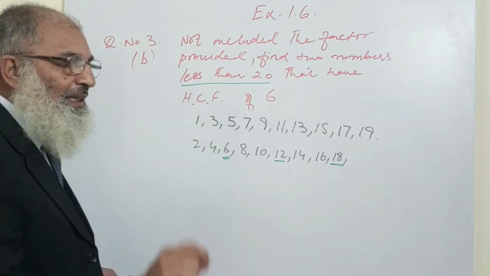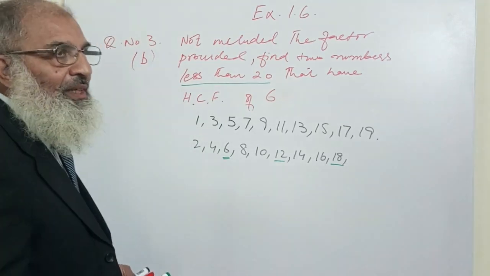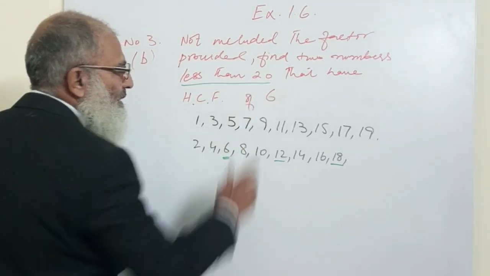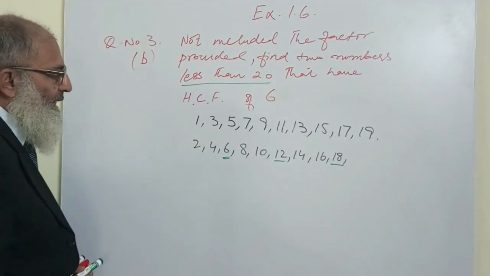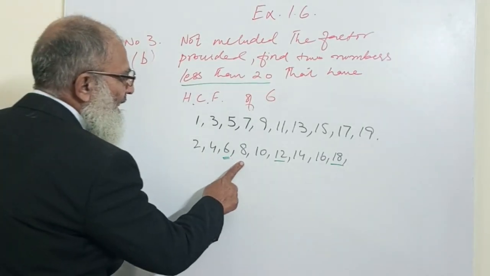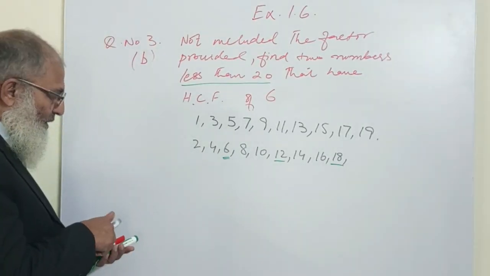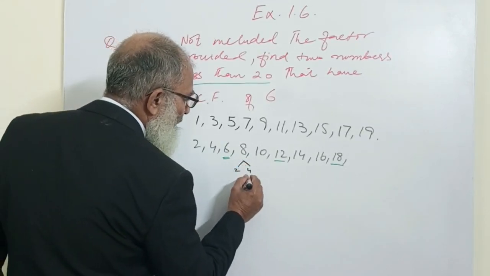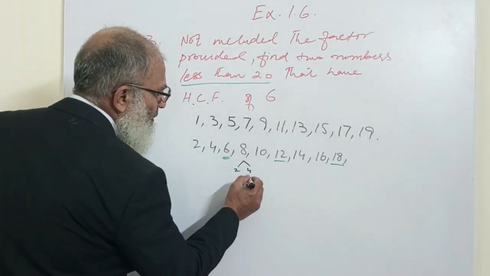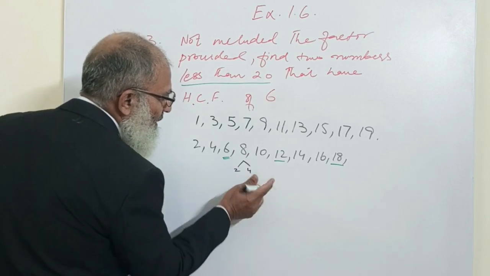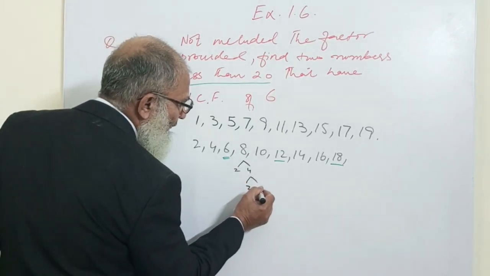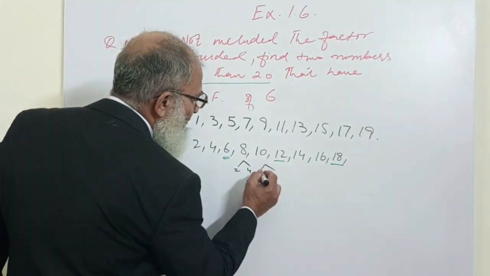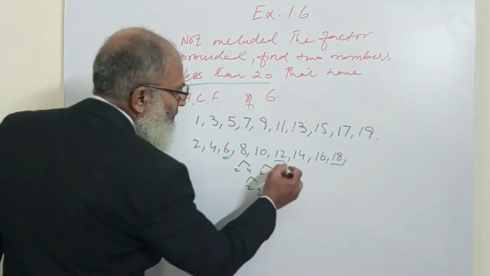Because unless you get 3 in the common factors, you cannot get 6 as an HCF. So we cannot get 3 over here. You can just check it, it is very simple.